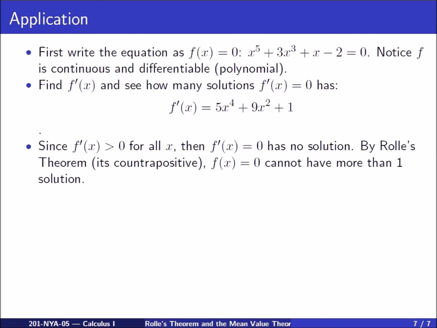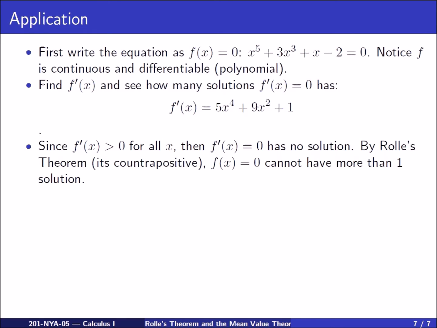Now, once we know that there's a certain number of solutions possible for f of x equals 0, we try to locate them. This is where we might want to use the intermediate value theorem. But here we could also take a look at the function f. Notice that it's a polynomial with an odd degree.